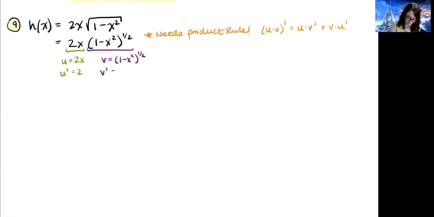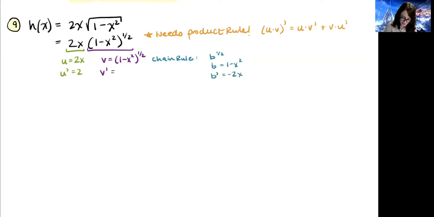And v prime, here is where we need the chain rule. Right, what we have here is some stuff to the 1/2. So b to the 1/2. So b is 1 minus x squared, and b prime, that's negative 2x.